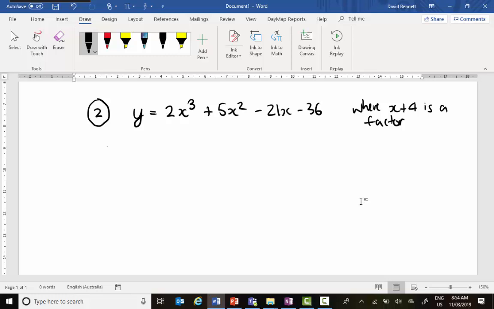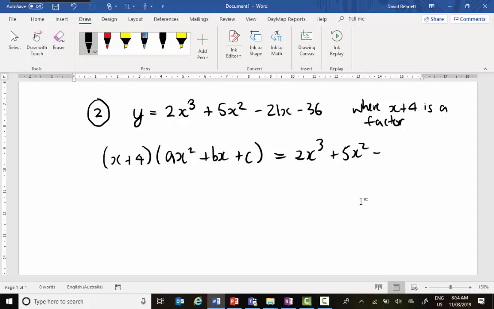So really what I'm going to say here is x plus 4 is a factor, and I'm going to think of a general term, ax squared plus bx plus c. Now that has to be equal to the polynomial over here, 2x cubed plus 5x squared take 21x take 35.